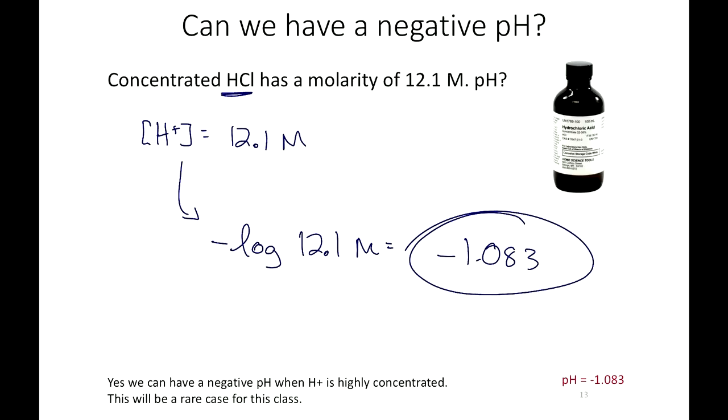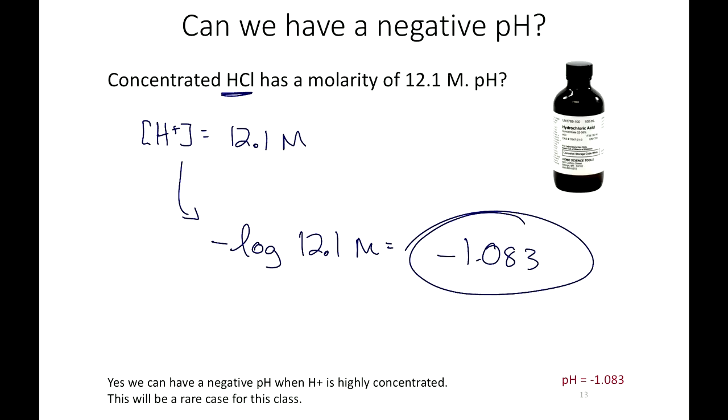But for the most part, since we're calculating mostly dilute solutions, negative pHs aren't super common. Rarely will you get a calculated value with a negative pH in this class. We work with really concentrated acids and bases, but once they're this concentrated, instead of expressing them as a pH, it's easier for us to express it as a concentration instead.